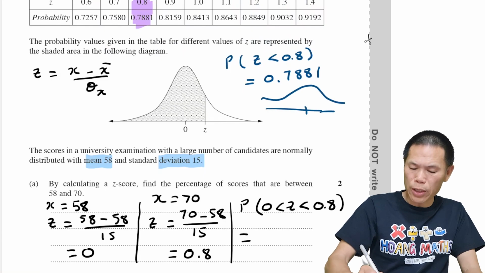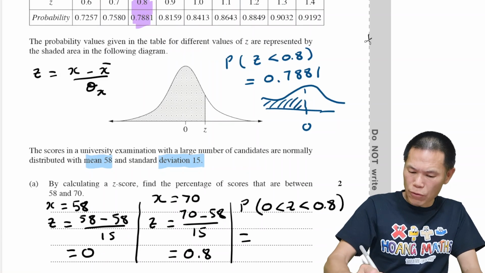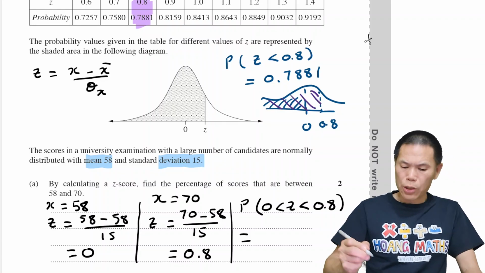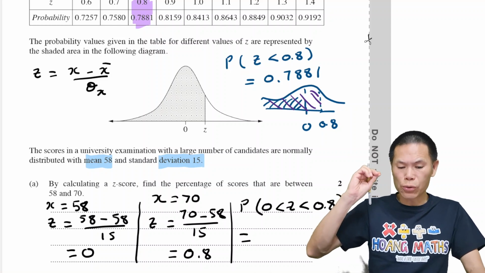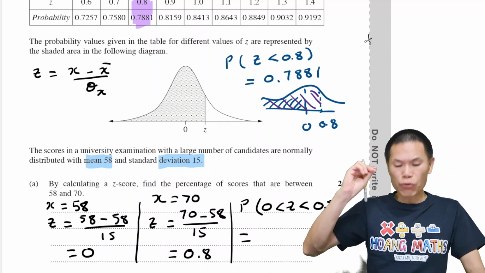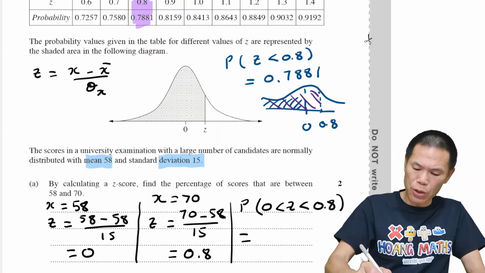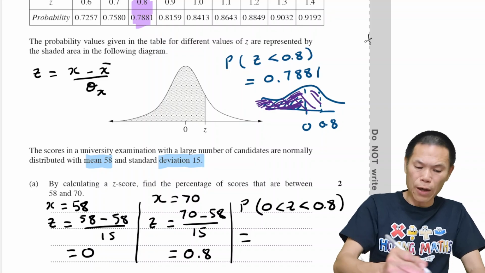So we have 0 here, which means 50%. And then 0.8 means this area. So between 0 and 0.8, we just need to work out 0.7881 minus 0.5, because this area here is 0.5.